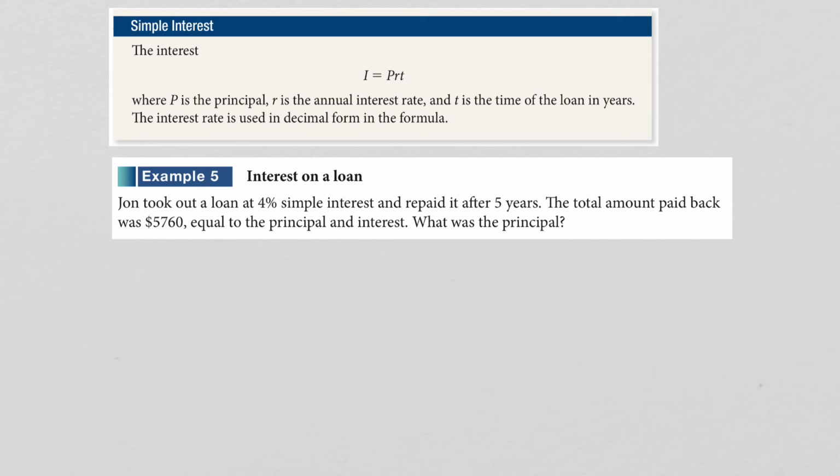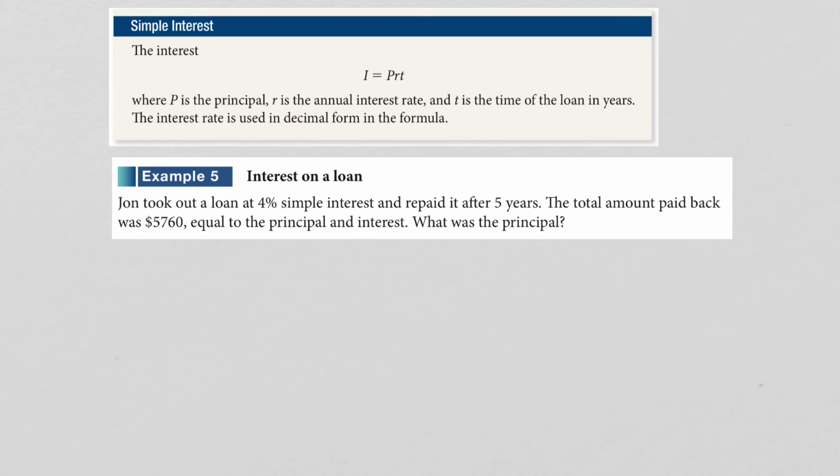All right, now let's look at example 5. In this example, it says John took out a loan at 4% simple interest and repaid it after 5 years. The total amount paid back was $5,760, equal to the principal and the interest. What was the principal? All right.